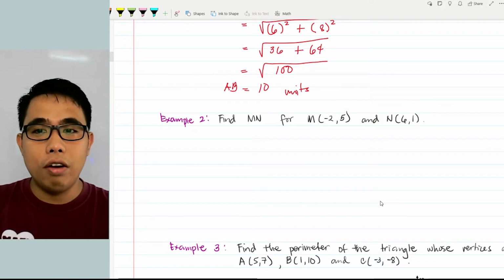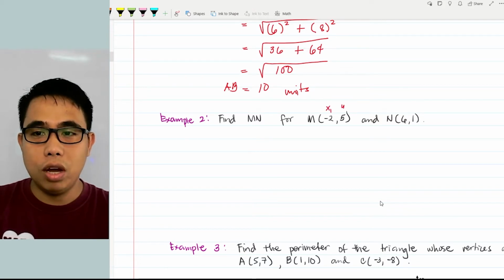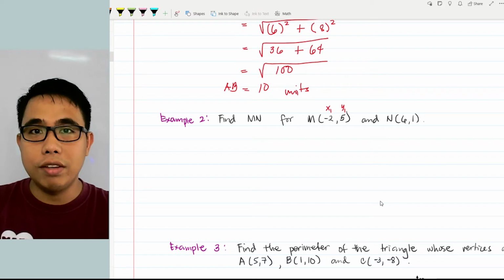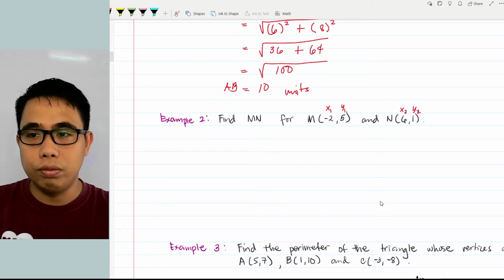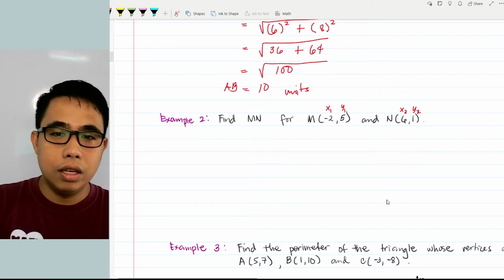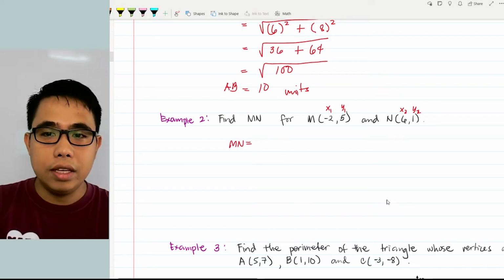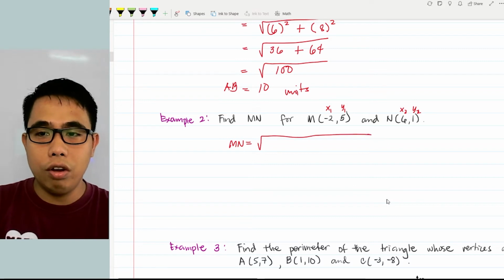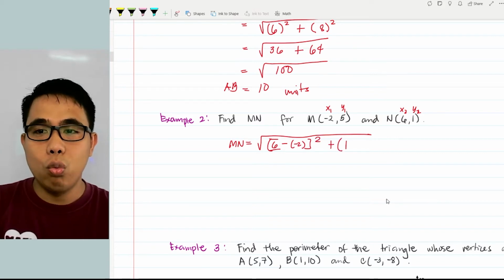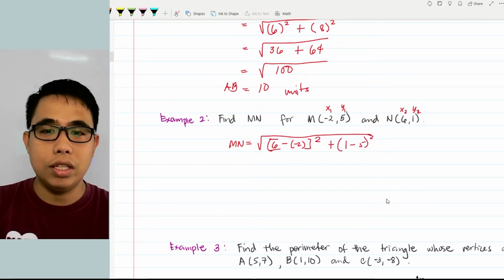The coordinates of M are negative 2, 5. So this will be your x sub 1, y sub 1. And the coordinates of N are x sub 2, y sub 2. So your MN then is equal to the square root of 6 minus negative 2, the quantity squared, plus 1 minus 5, the quantity squared.